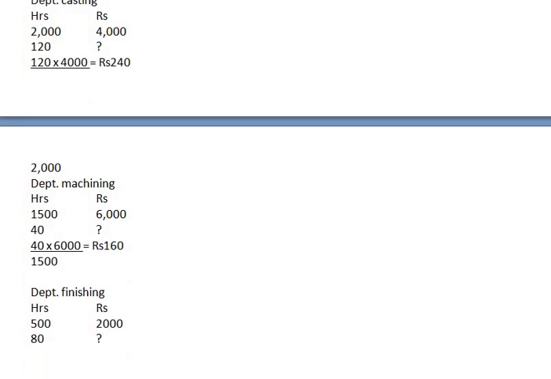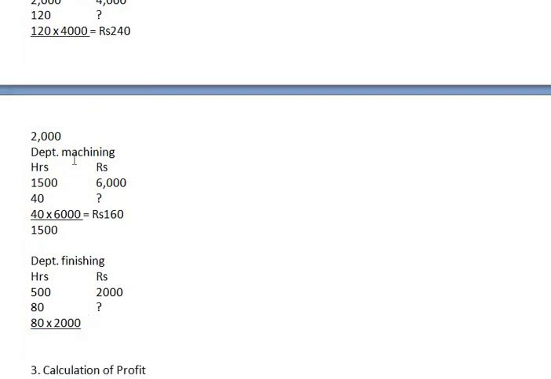Again cross multiplication, 80 into 2000 divided by 500, which is equal to rupees 320.